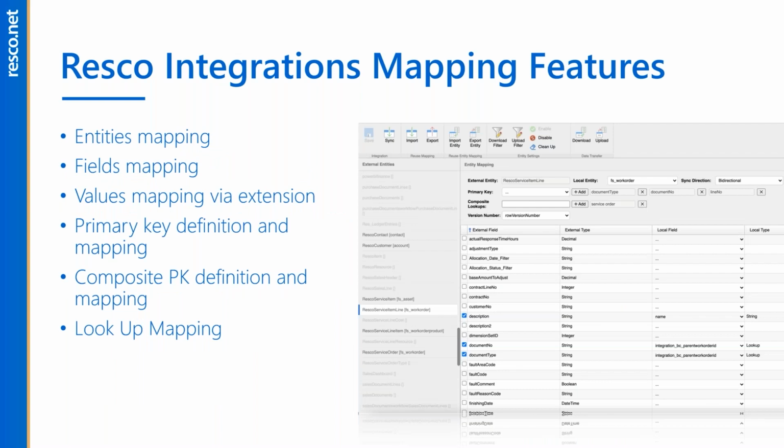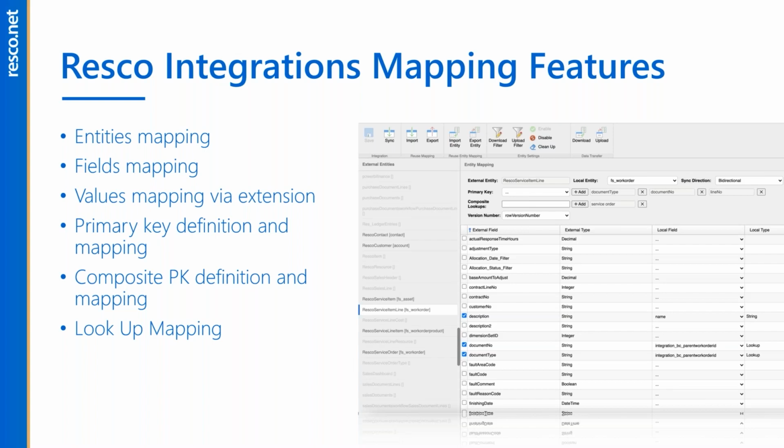So that's the mapping which we did. And I would like to say a couple of words about the features of the mapping that we packed into the winter release. There is entities mapping, which is simple. You can find the external entity, which is the entity in Business Central, and the local entity, which is the entity in Resco Cloud, obviously. You need to map them. You also have the ability to set up the fields, so we can select which field should be mapped to which local field.